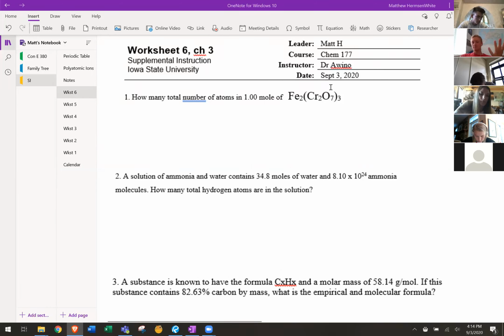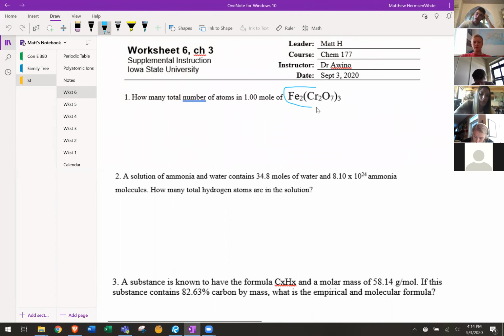How many atoms are there in each molecule? There are 2 iron atoms, 6 chromium atoms, and 21 oxygens. So you have to add up how many atoms are in one molecule. 29.